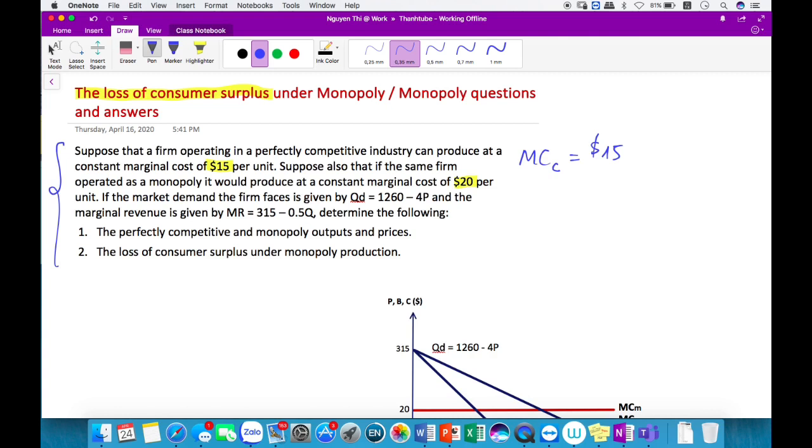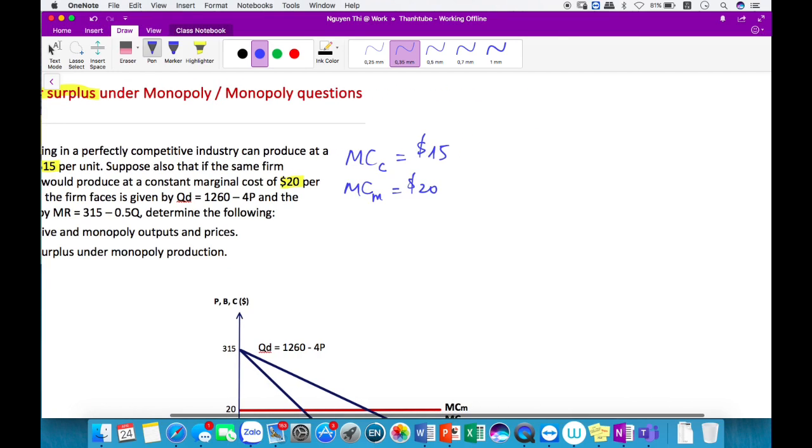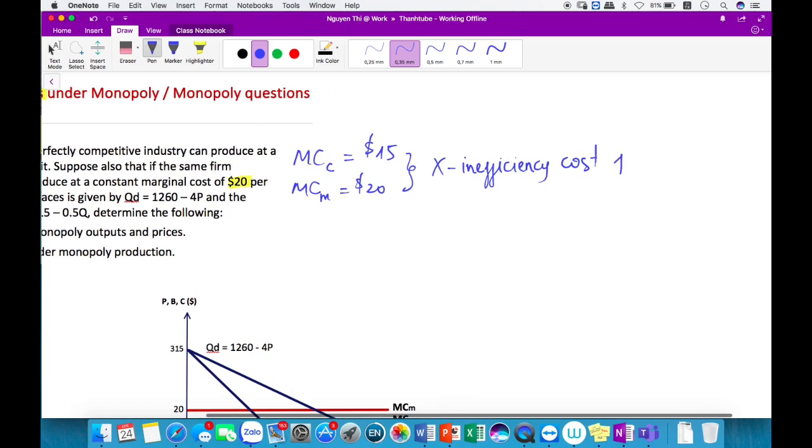So we call it MCM equal to $20, right? This difference we call X-inefficiency cost from monopoly production, and this equals $5 per unit, right? And actually this cost will contribute to the loss of consumer surplus as well.